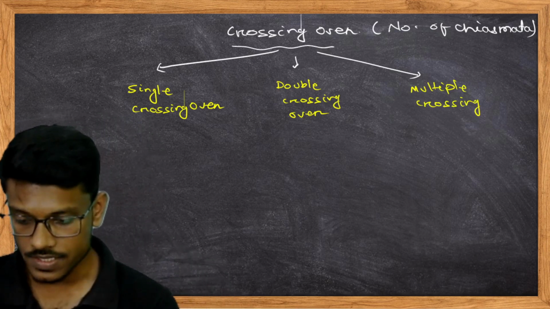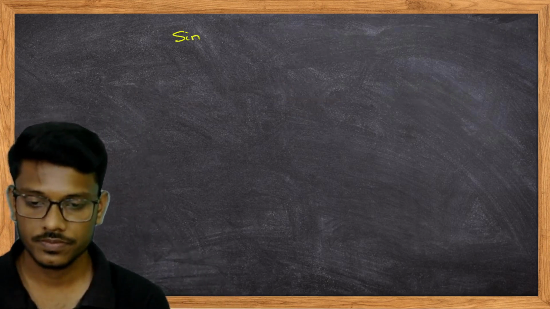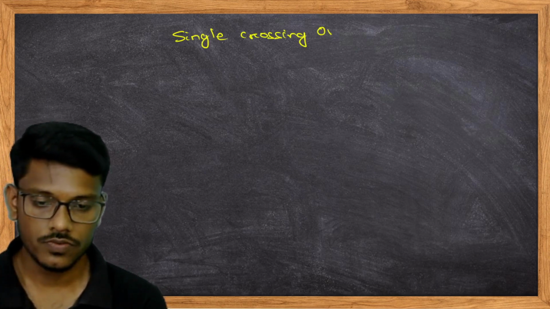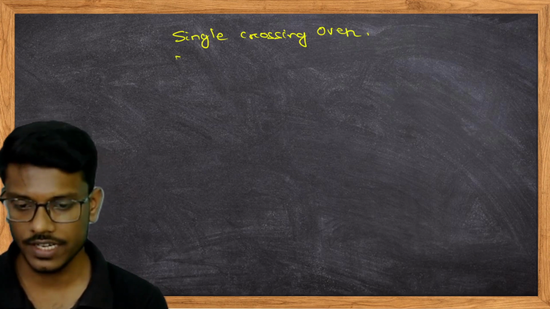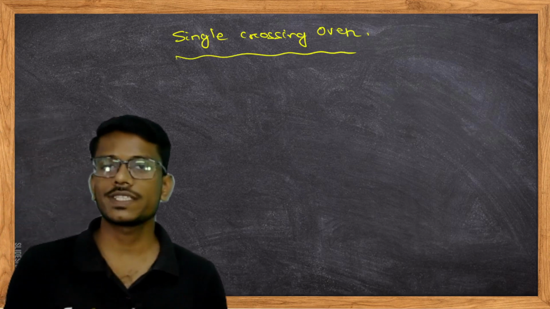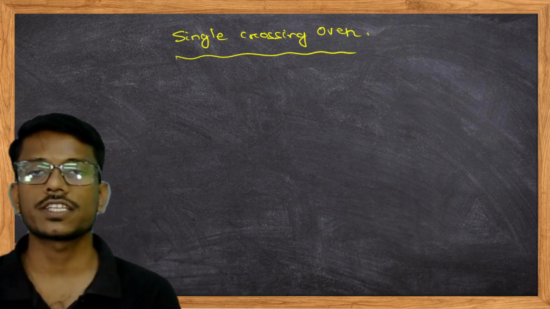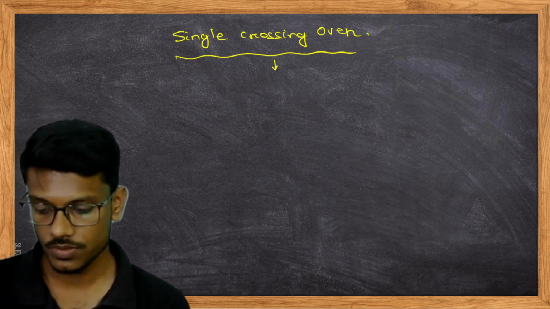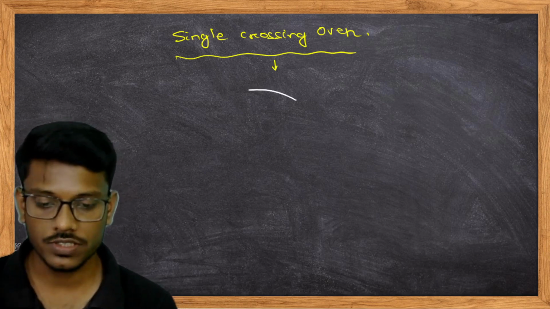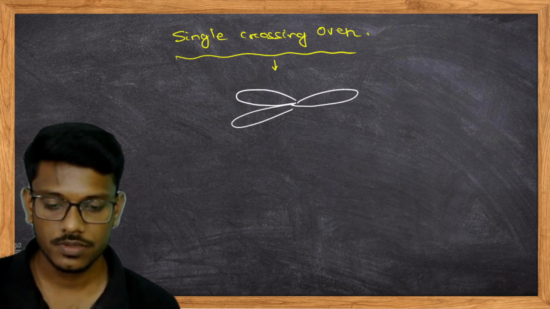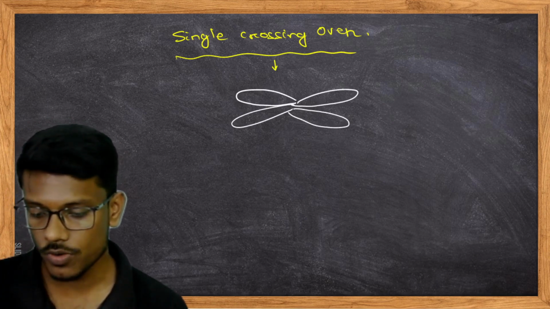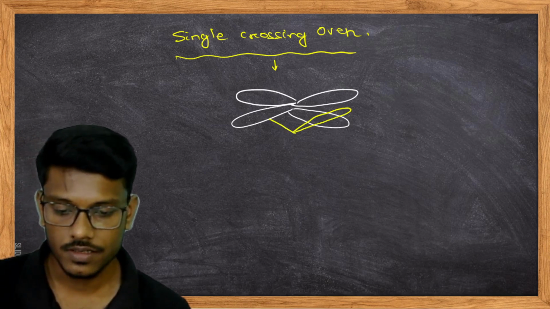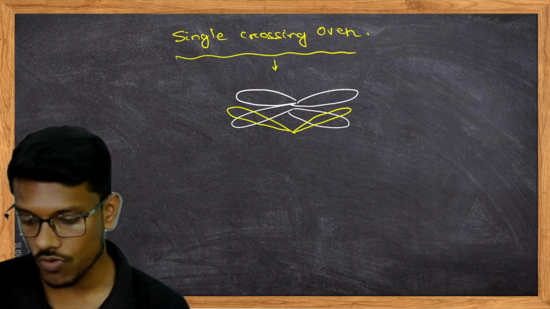So first, single crossing over. From the name, it is clear that single crossing over deals with only a single chiasma formed between the non-sister chromatids of the homologous chromosomes. So what will happen here? Suppose this is one chromosome and this is the homologous partner of this chromosome, and here the crossing over takes place at only one point.